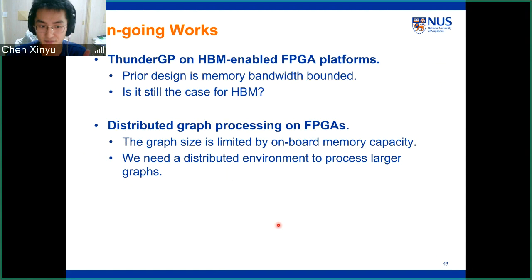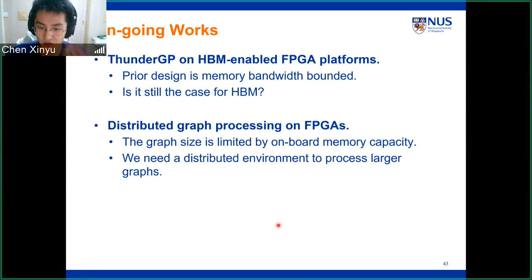HBM has up to 32 memory channels, and the resources are not increased. So can we still scale up the number of kernels to fully utilize the memory bandwidth of HBM? That is the point we want to explore. And if it's not the case, we need some design trade-offs to achieve good performance on HBM-based platforms.